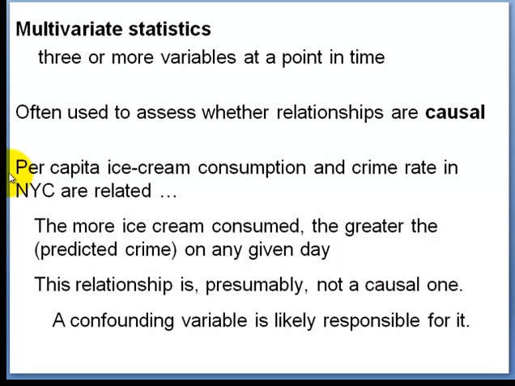If it were, then somehow ice cream consumption would be causing crime, or perhaps it's the other way around. Perhaps crime causes ice cream consumption. This relationship almost assuredly is not a causal one, but rather is due to a confounding variable.